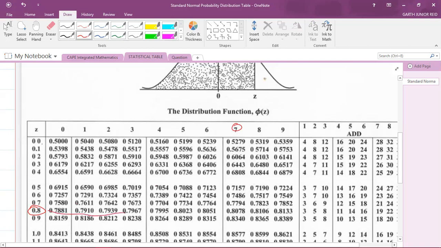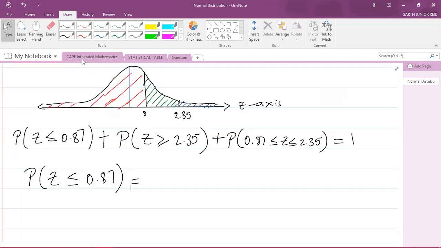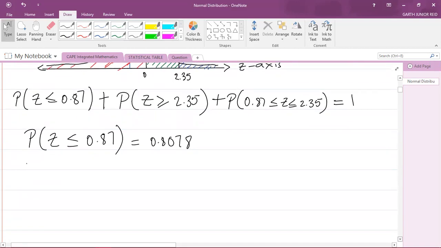So this is the value that we're talking about here, that Z value there, which is 0.8078. That is my probability. So the probability of Z to the left of 0.87 is going to be equal to 0.8078. Great. Now, how am I going to find the probability of Z being greater than or equal to 2.35? How am I going to find that?